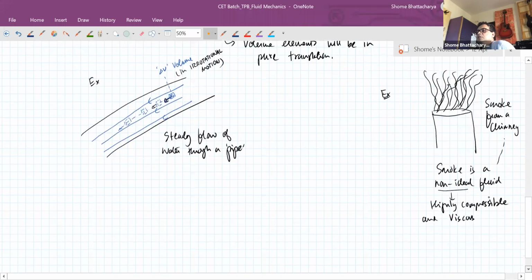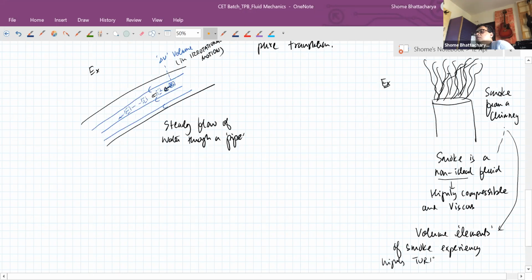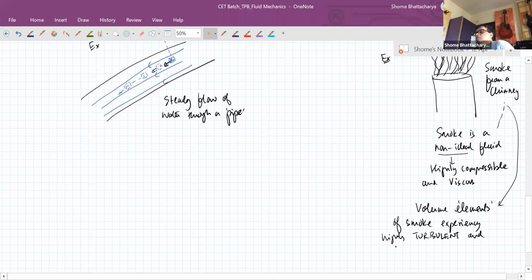As it comes out of the chimney, volume elements of smoke experience highly turbulent, rotational plus translational motion.